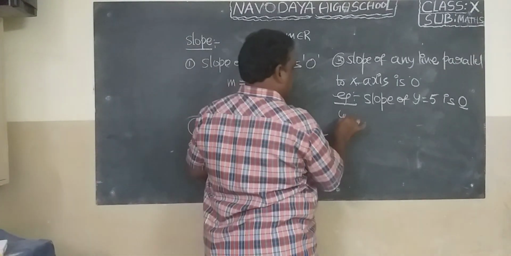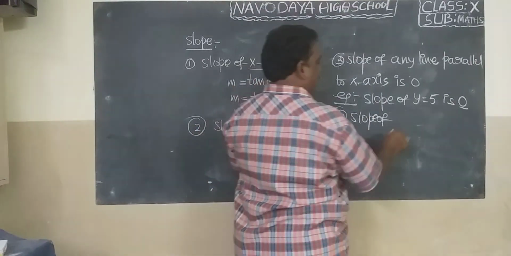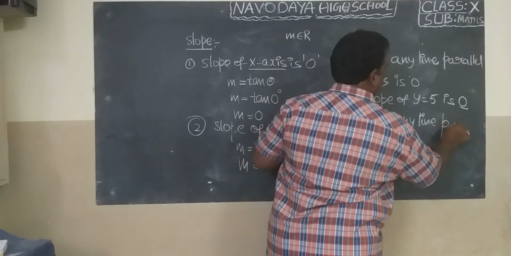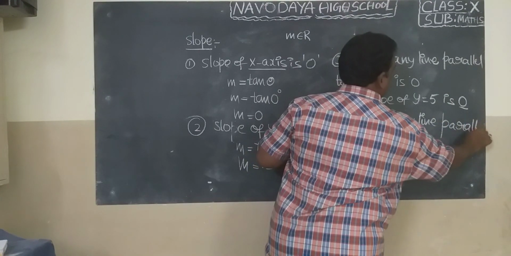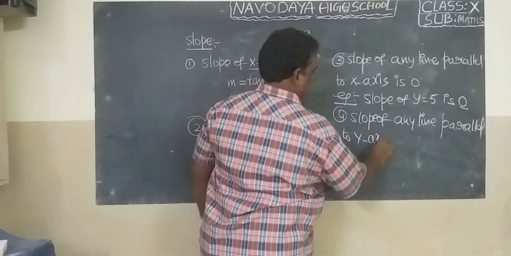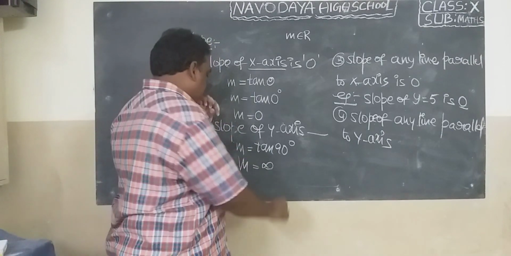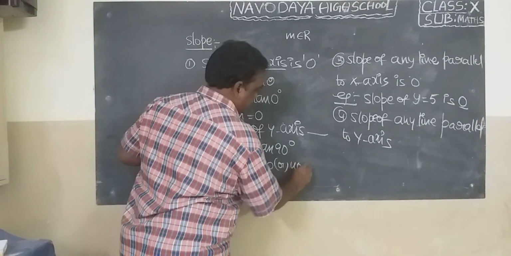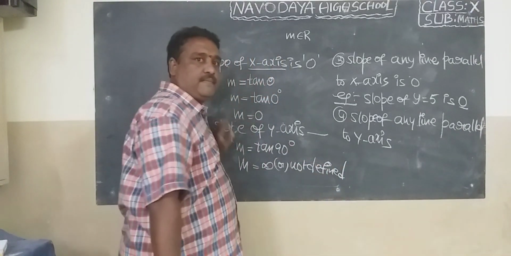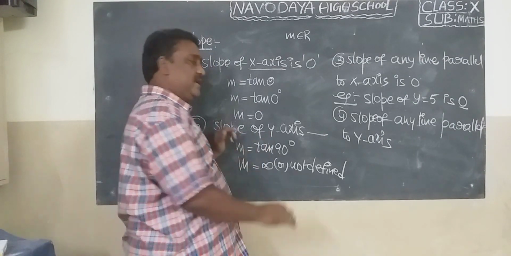Then the fourth point. Slope of any line parallel to the y-axis. What is the slope of the y-axis? Infinity, or we can write not defined. So slope of the y-axis is not defined.